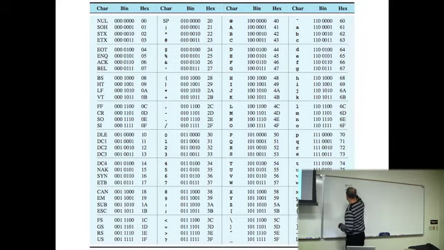American Standard Code for Information Interchange. Yeah, that's what it stands for.